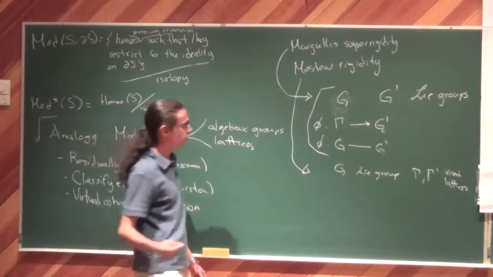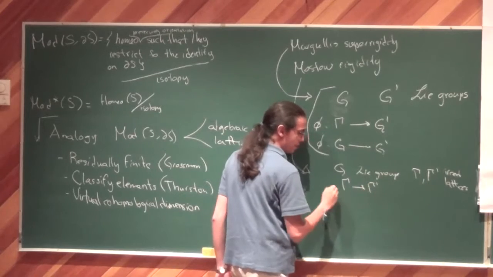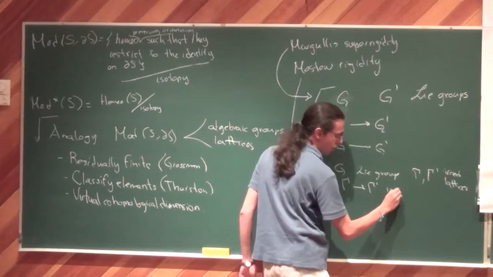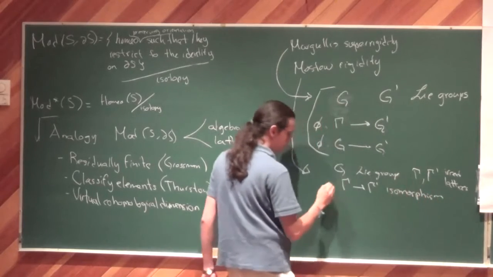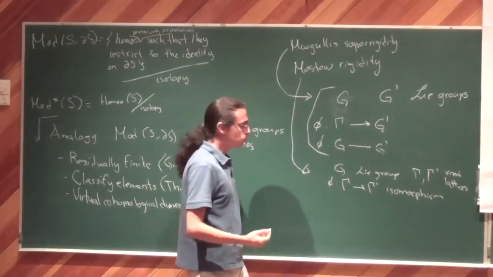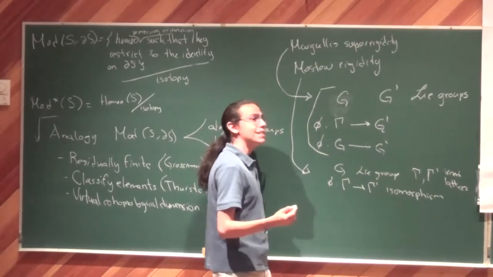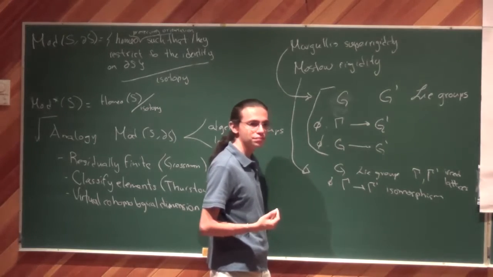So every isomorphism from gamma to gamma prime can be seen as the restriction of an automorphism of G. Okay?